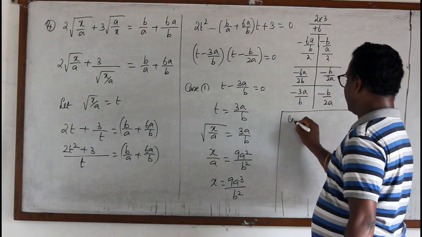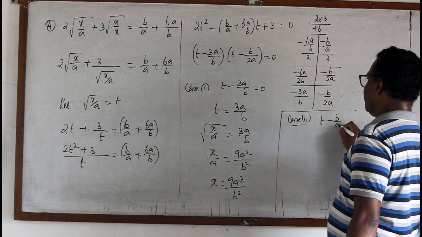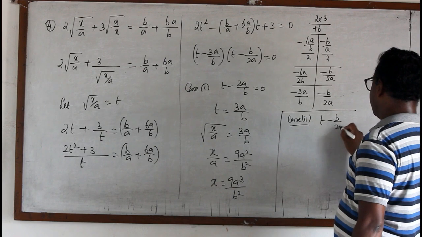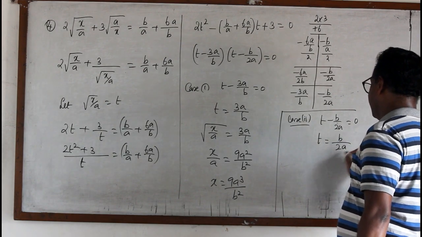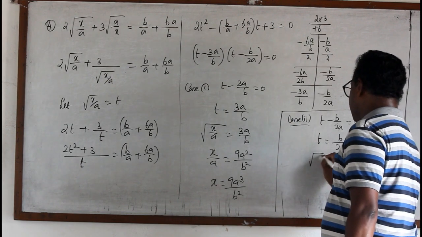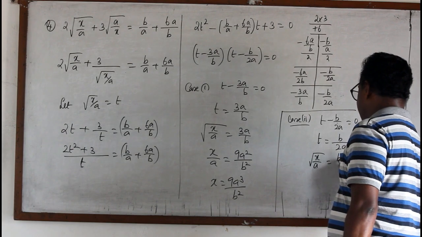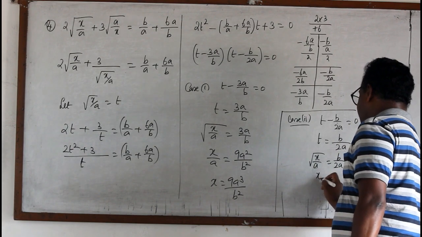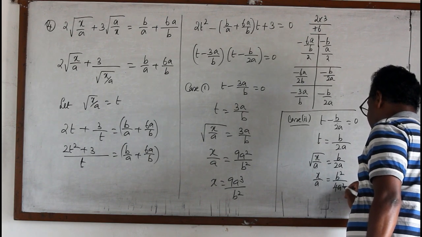Case 2. t minus b by 2a equal to 0. That is t equal to b by 2a. t means root of x by a equal to b by 2a. It is x by a equal to b square by 4a square.